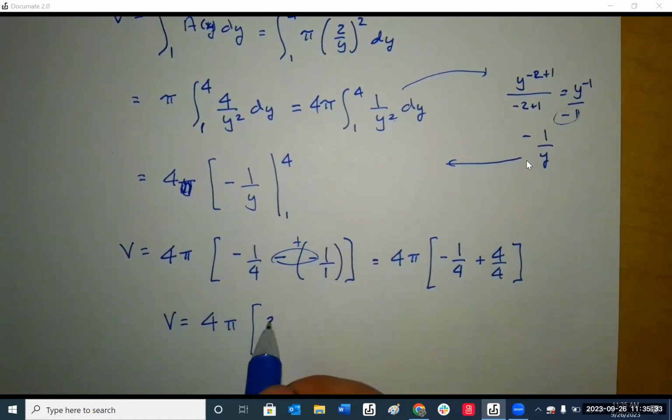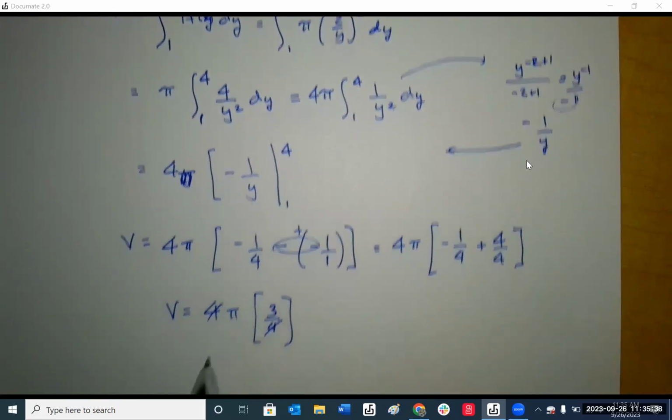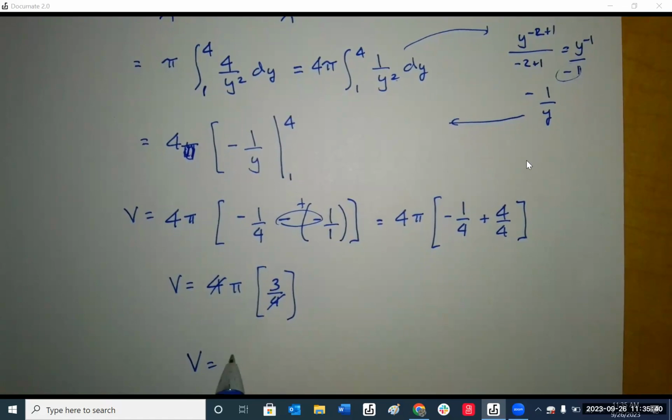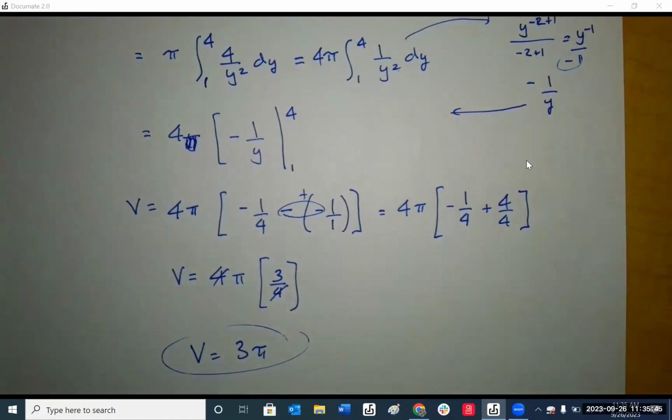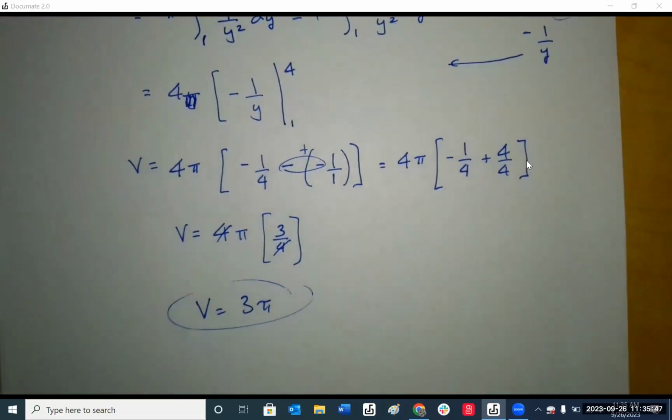Four minus 1 is 3 over 4. The 4's cancel. So our volume is 3 pi. So far, so good.